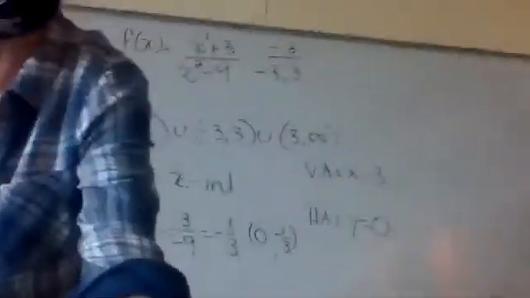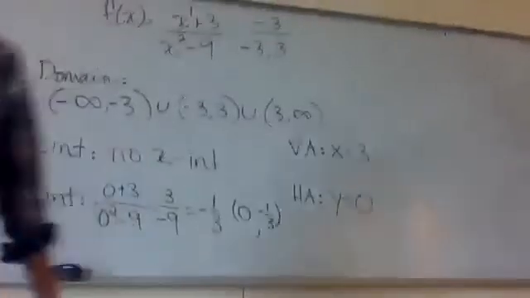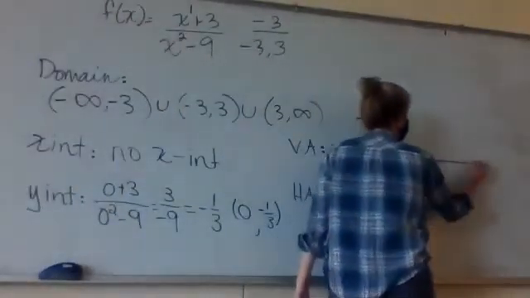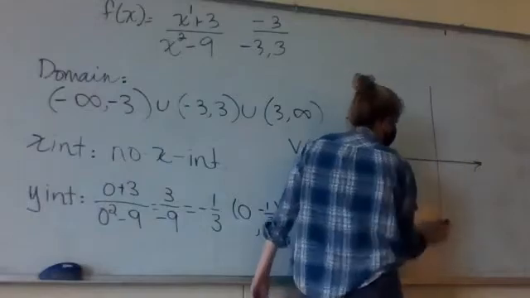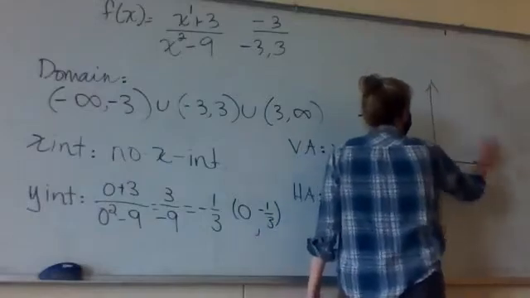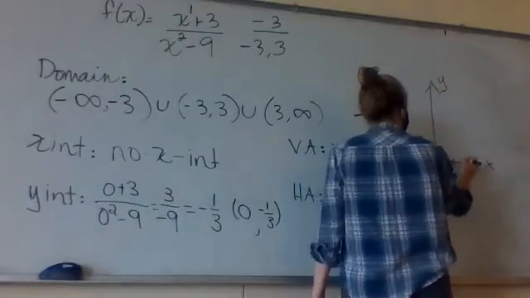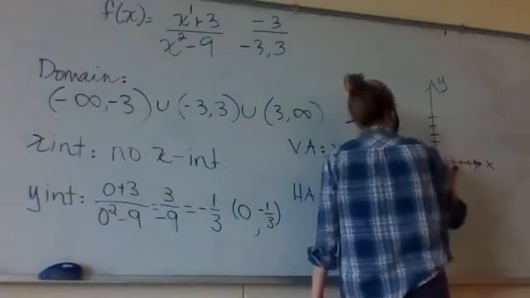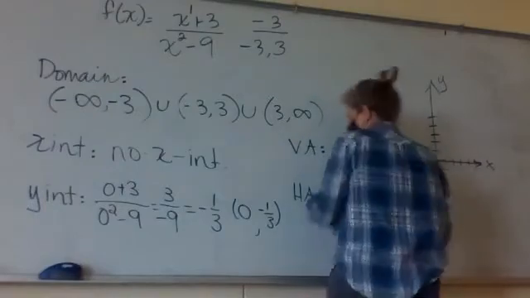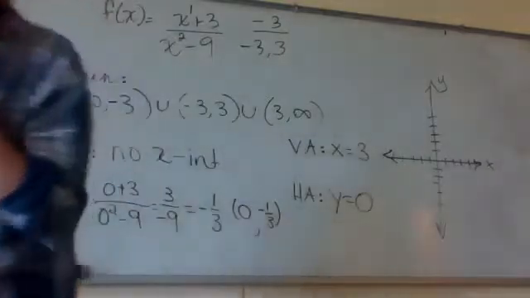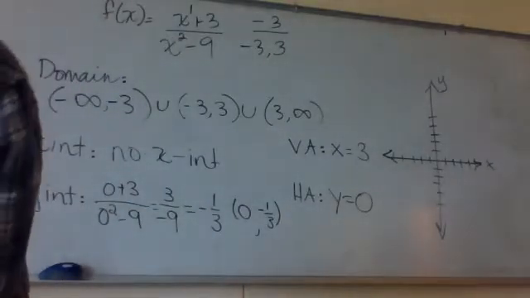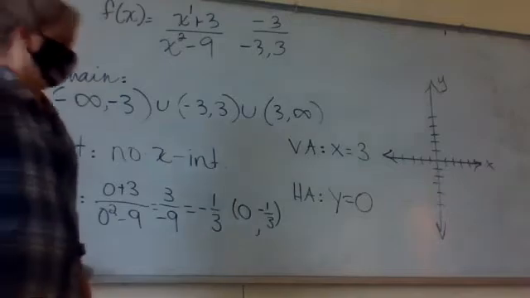So let's sketch what we know. I'm sure they go by 2s again. Oh no, they go by 1s. So these hash marks are all 1s.